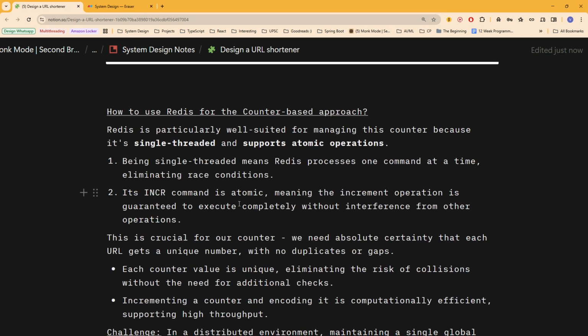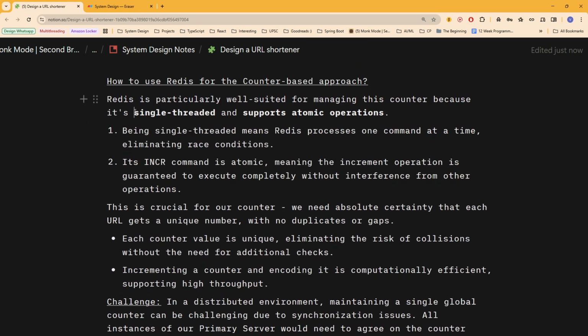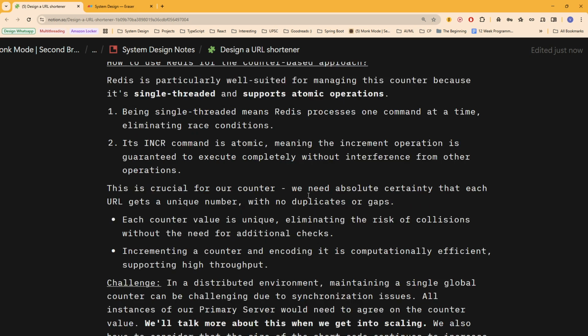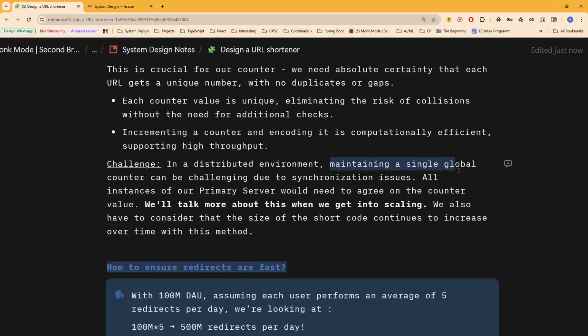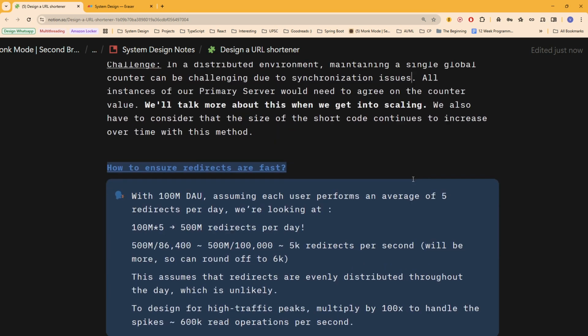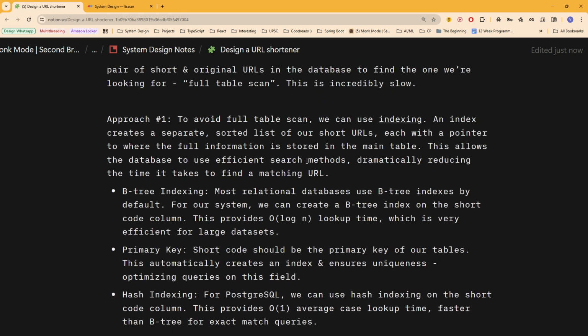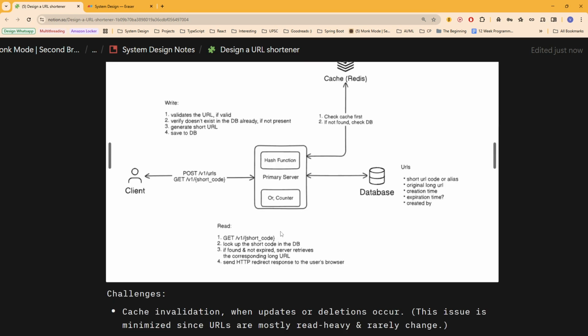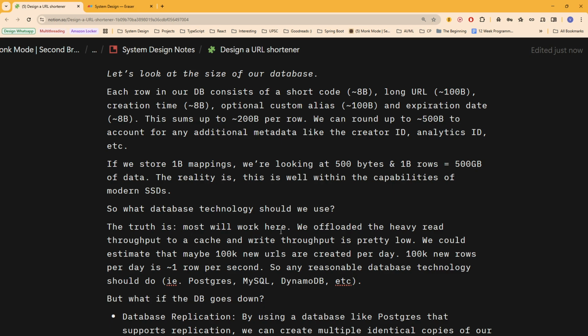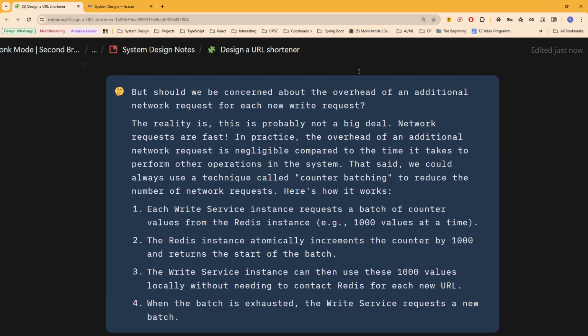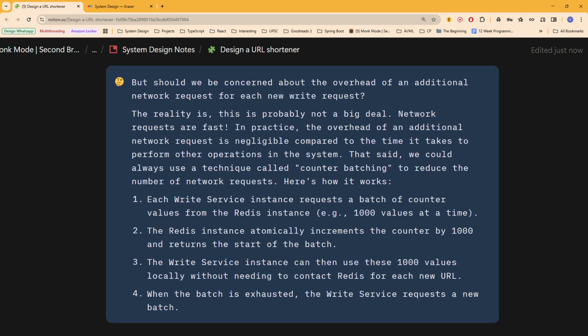Now, how to use Redis for the counter based approach. Redis is single threaded and supports atomic operations, so you can use it. In a distributed environment, maintaining a single global counter can be challenging, so we are talking about scaling Redis over here. Here we are doing counter batching.